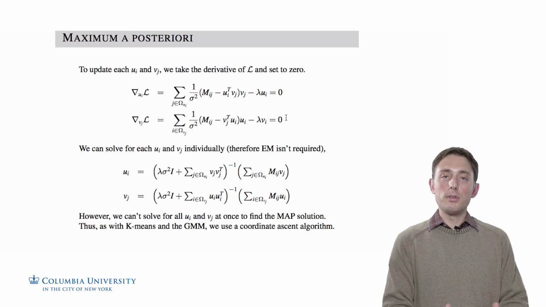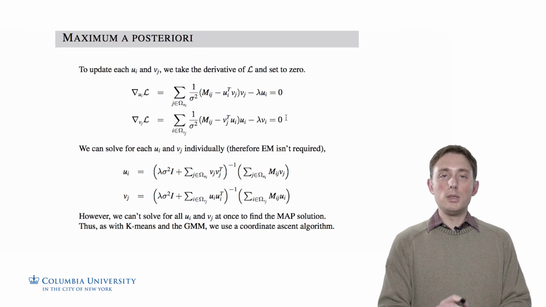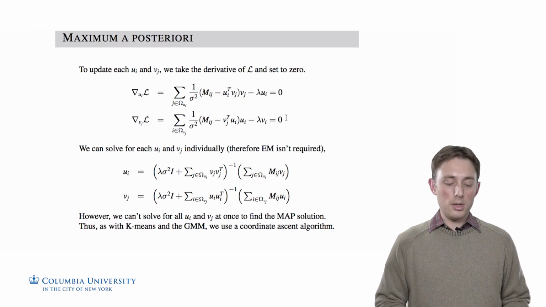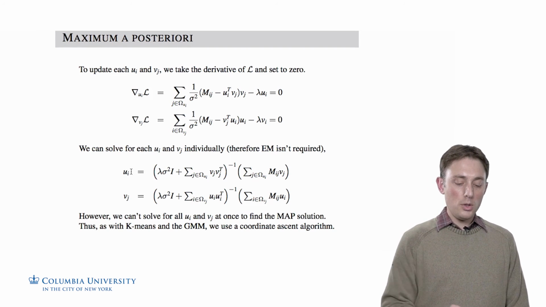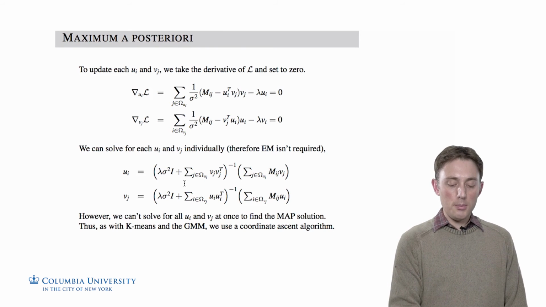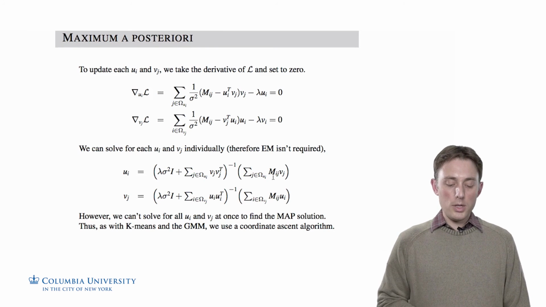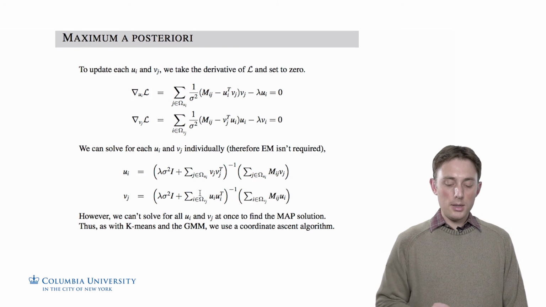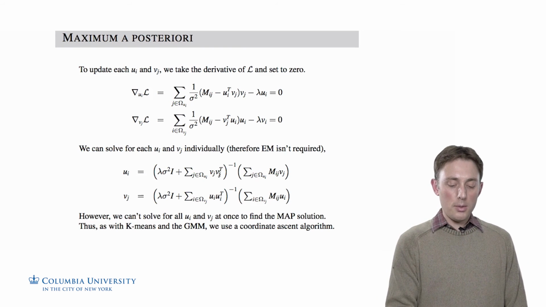And it turns out that for this problem, because of the specific model structure that we assumed, we can solve all of these things. And so user i's location can be updated using this equation, and object j's location can be updated using this equation. So notice that what we have here is an outer product for user i.